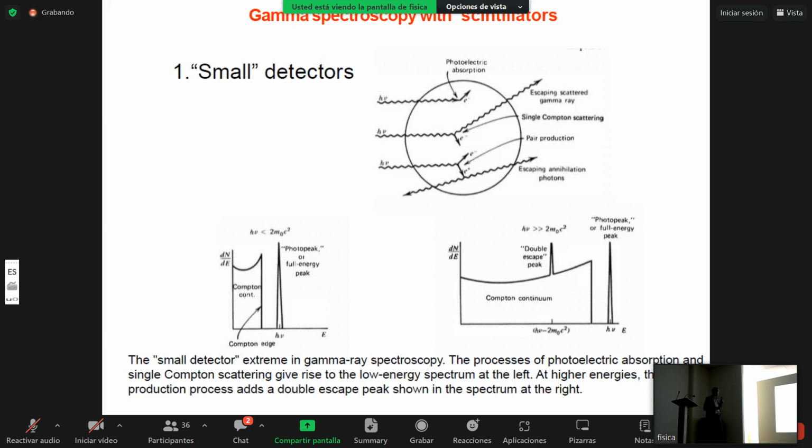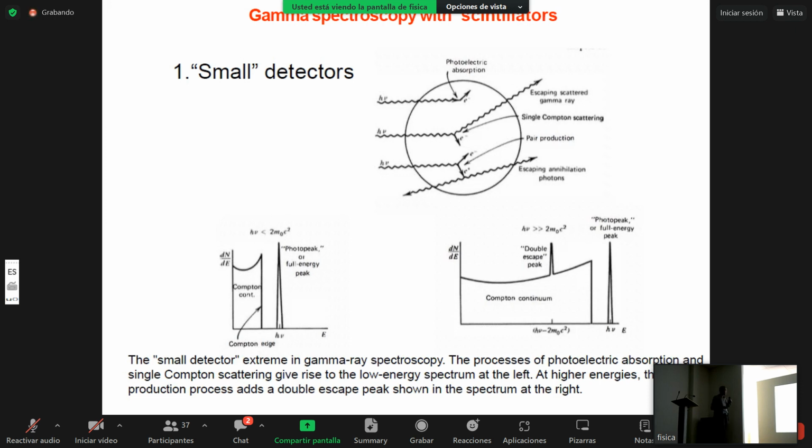For example, if the detector size is not very big, your gamma ray is scattered and escapes from the detector. The energy which is deposited in the detector is lower than it is in reality, and you have this picture of the Compton scattering.